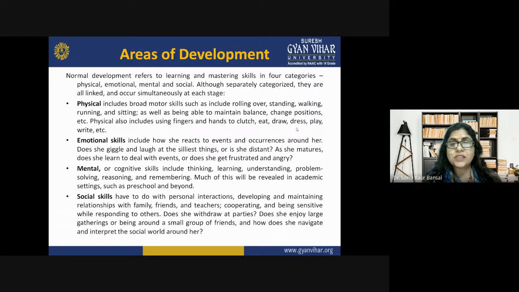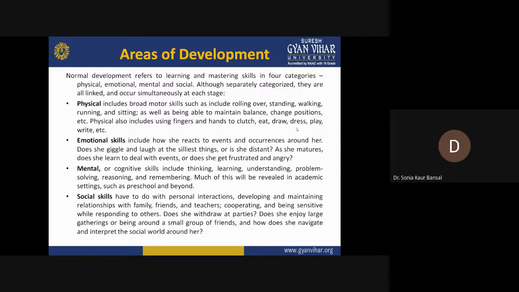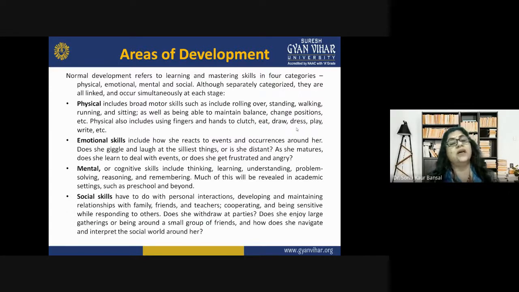After that, gradually these areas will develop. In physical development, the first year of the child is very important, as the maximum growth and development takes place in the first year of anybody's life. So this is the physical area of development.